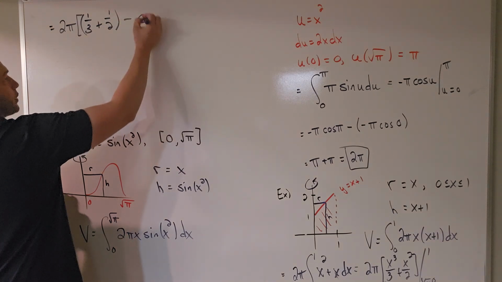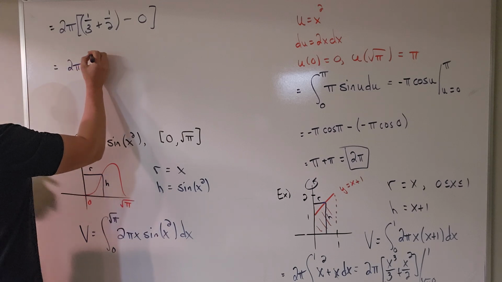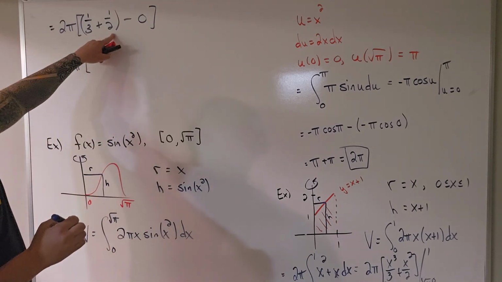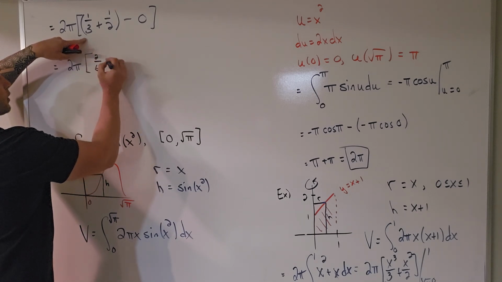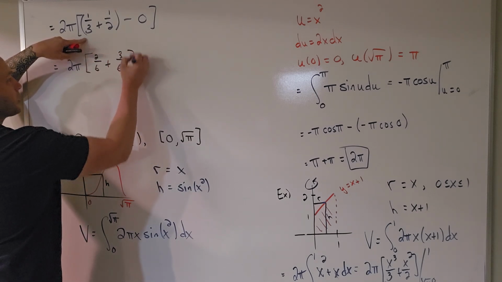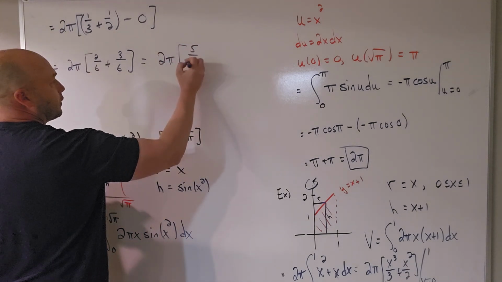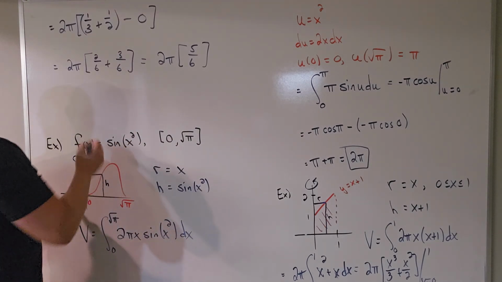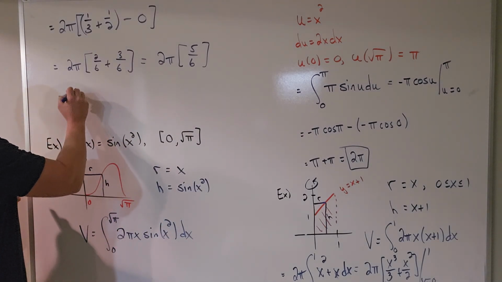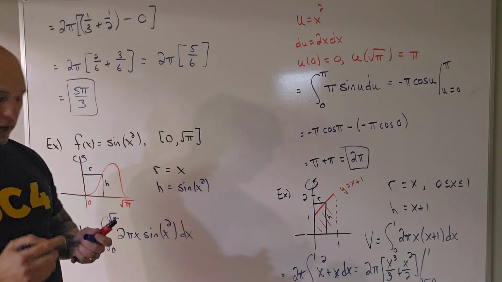Plug in 0, of course I get 0. So this would be 2 pi times a third plus a half, common denominator would be 6. So that'd be 2 over 6 plus 3 over 6, which is 2 pi times 5 over 6. Of course, 2 over 6 is going to leave a 3 in the denominator, so that's going to give me 5 pi over 3 for my resulting volume.